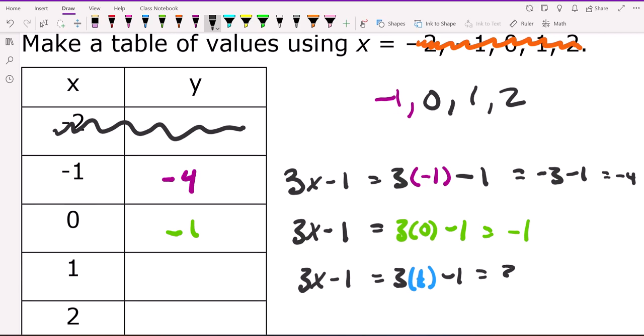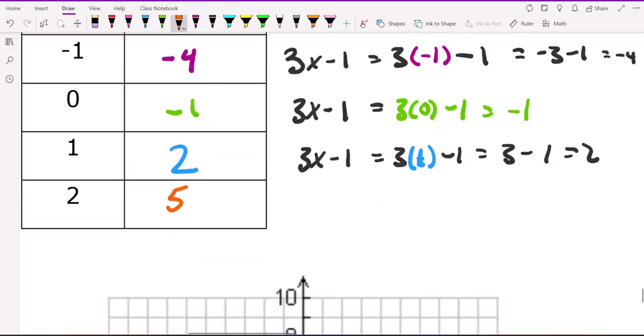So we have 3 minus 1, which is 2. It works. What's the next one going to be? 5. I'm just going to do it in my head. So 3 times 2 is 6. 6 minus 1, 5. Simple as that. Okay, now graph it.